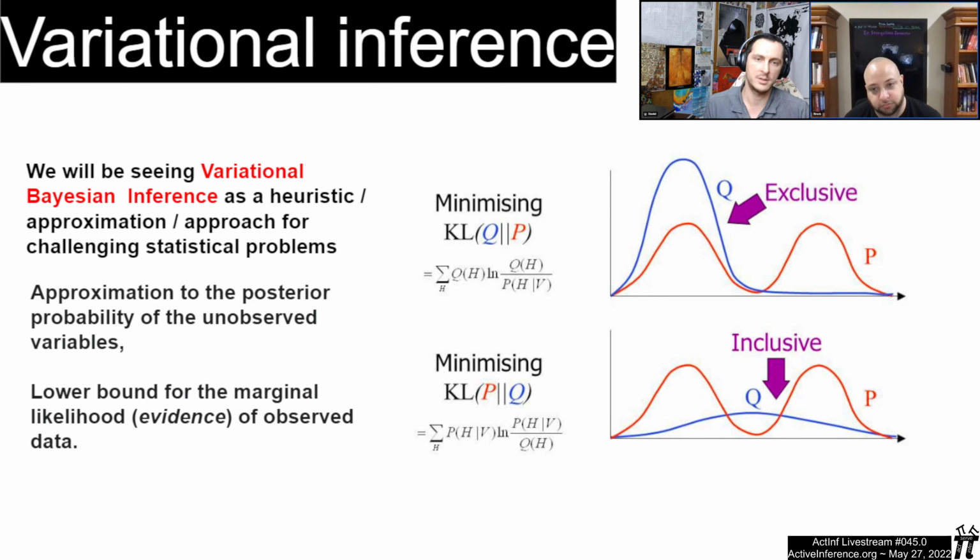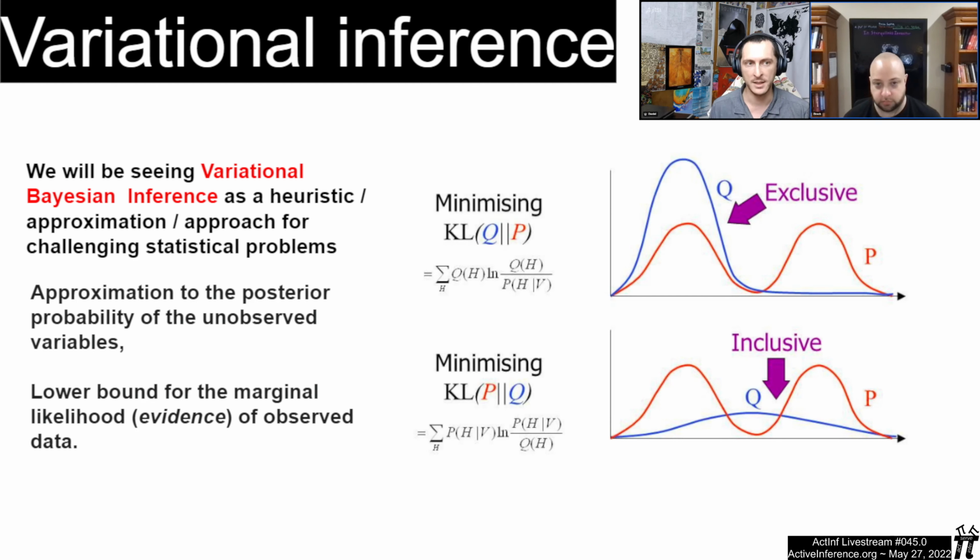But it's used in situations where exact Bayes is intractable and sampling-based approaches like Monte Carlo are also not tractable or not plausible. And so variational inference is about minimizing the divergence between Q and P. Mind your Q's and P's, as they say, and making sure that Q is from a family of distributions that is tractable and easy to optimize.